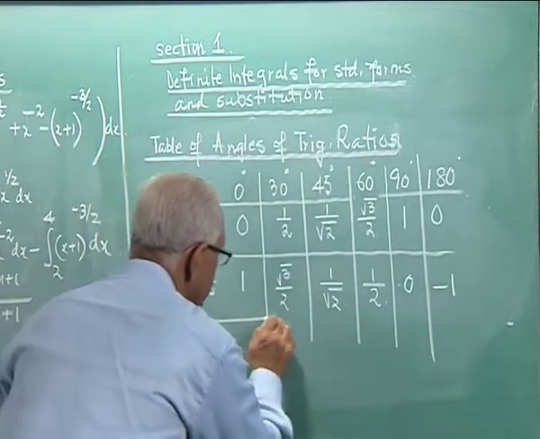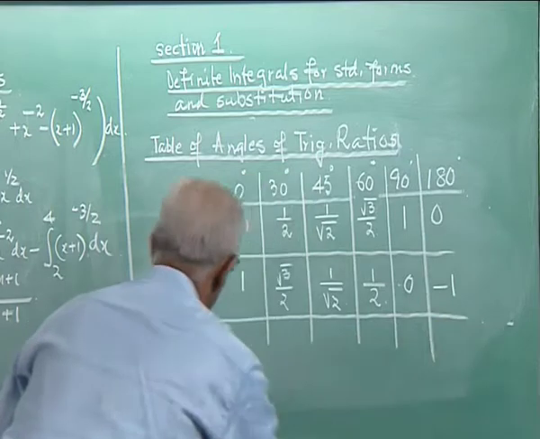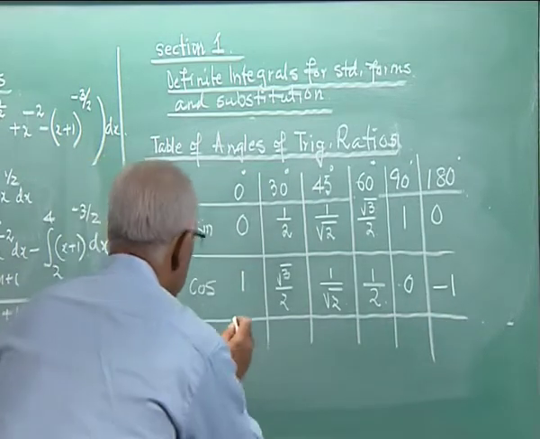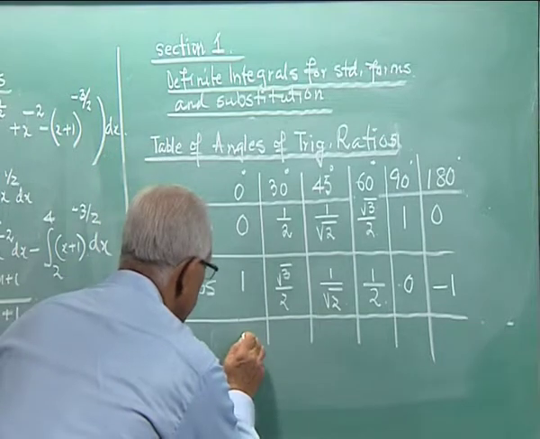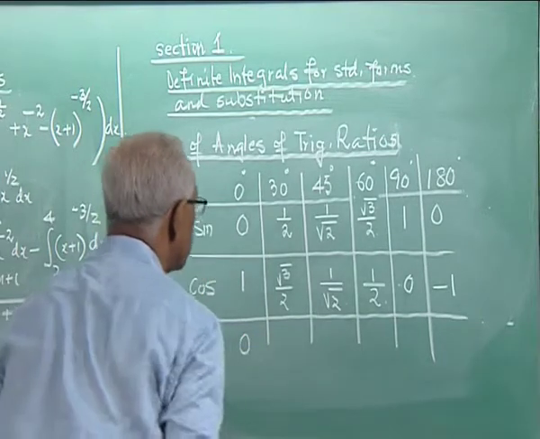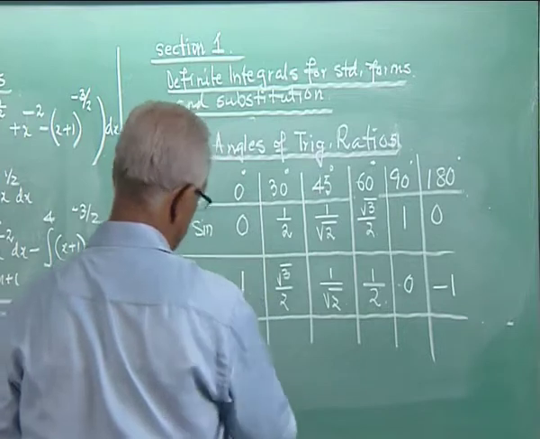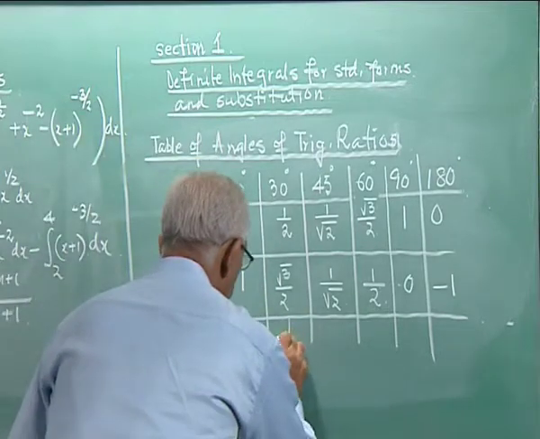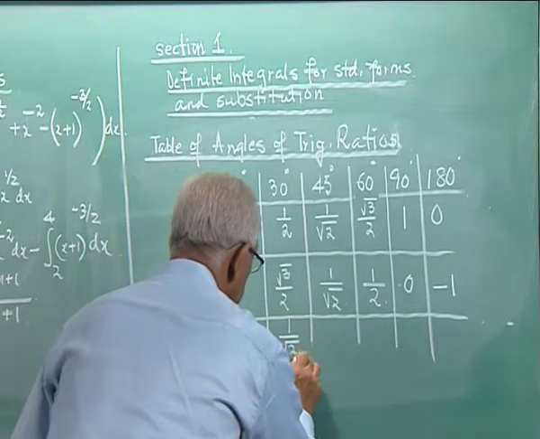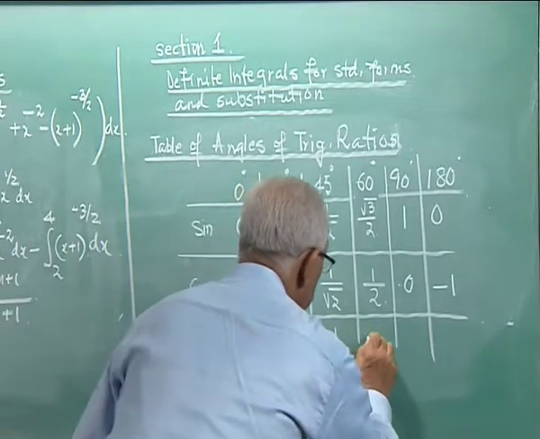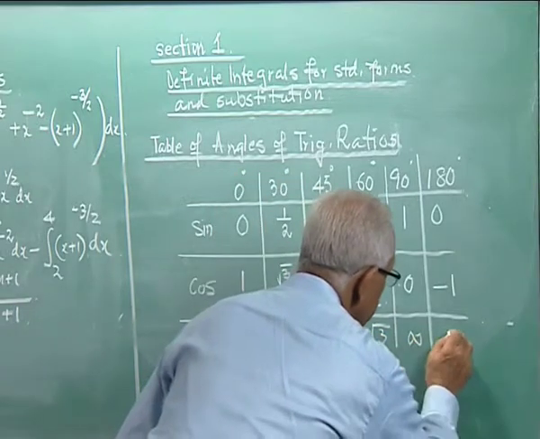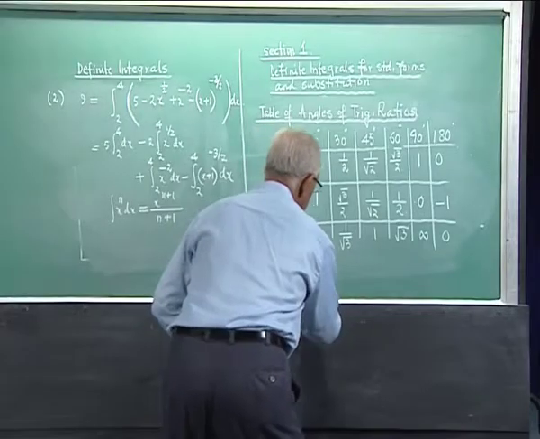The last one, which invariably we use, tangent. Tangent of 0 is 0. Tangent of 30 means this, so I'll be getting 1 upon root of 3, and this will be 1, and this will be root of 3, this will be infinity, and this will be 0. That marks the end.